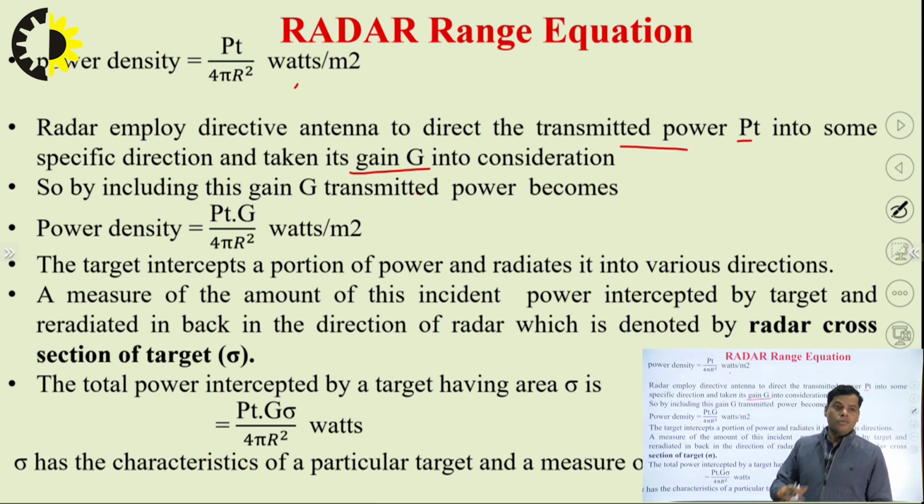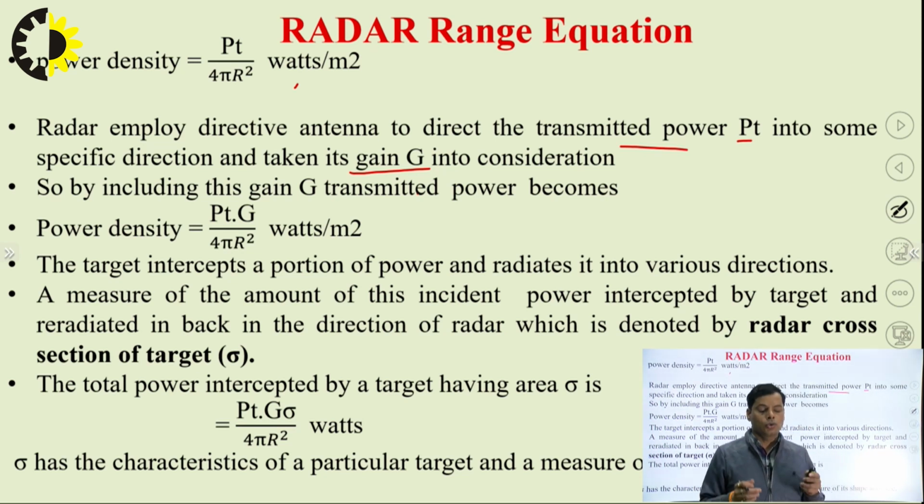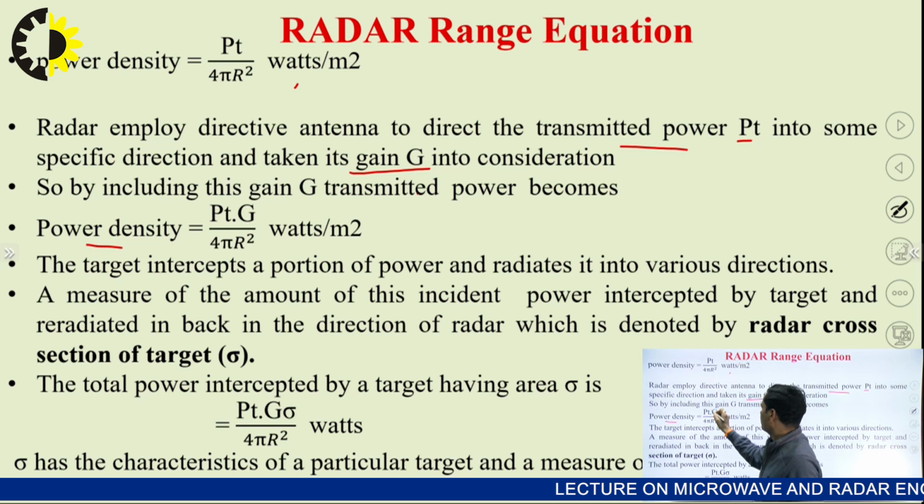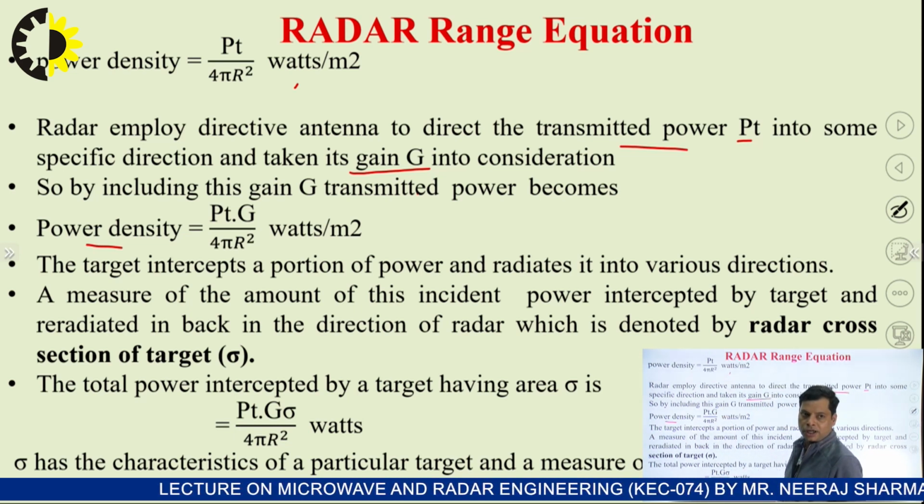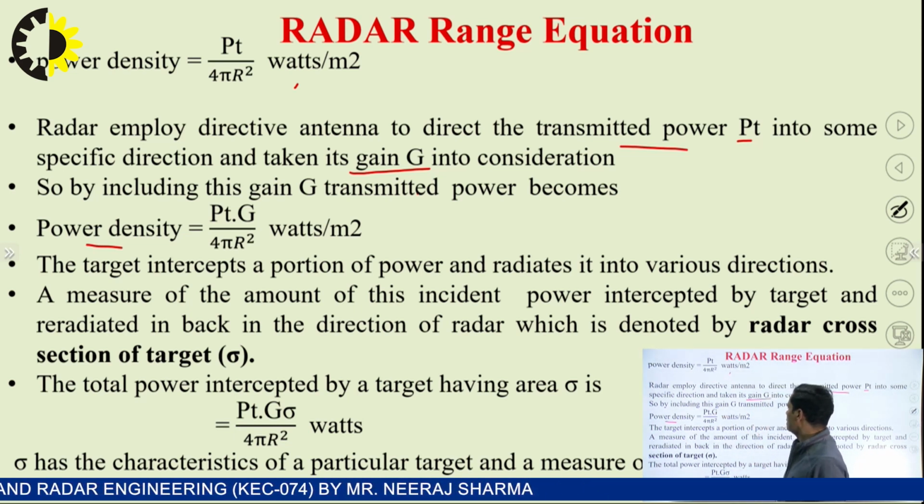So the power density will change: it is the simple power density multiplied by the gain G, which shows the directive power. The power density becomes PT into G upon 4 pi R square watts per meter square.